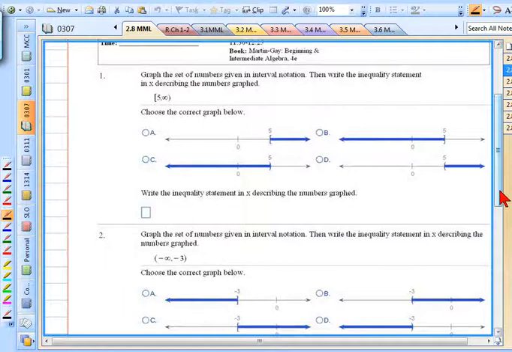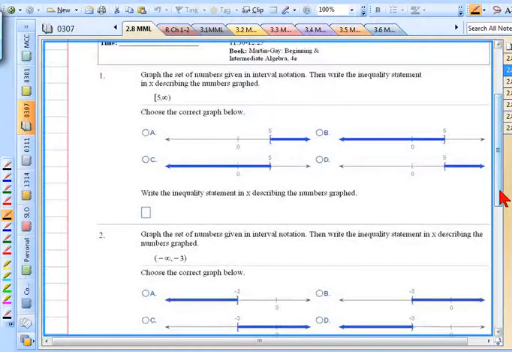Okay, so we've got 3 forms, and we're going to practice going between them, and then I will do some summary statements in just a minute. Let me see if I can enlarge that on your screen. Okay, I can enlarge it a little bit, but I will have to scroll back and forth.